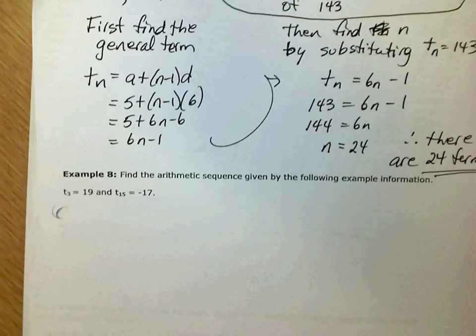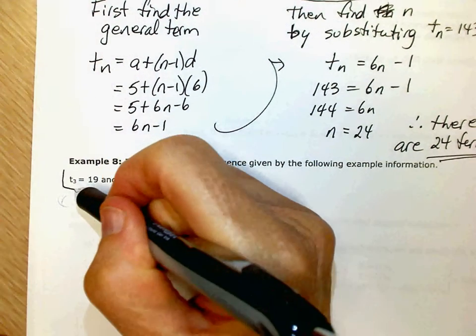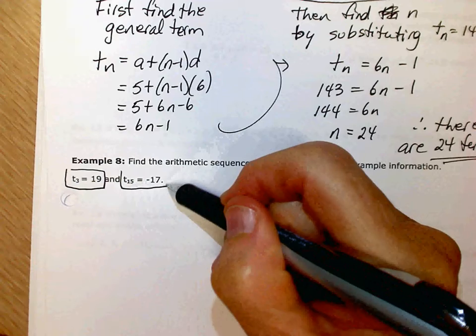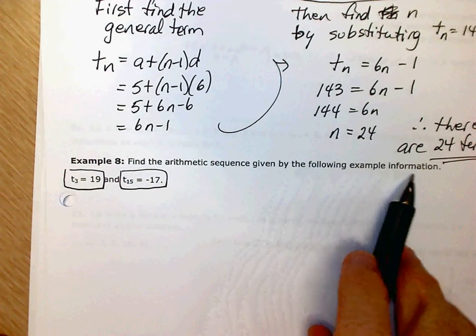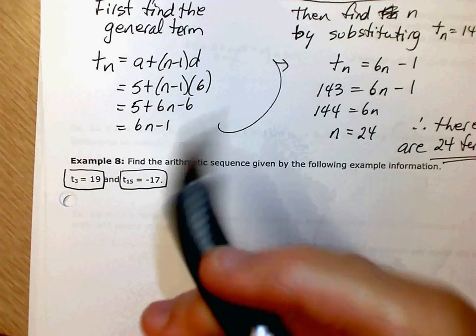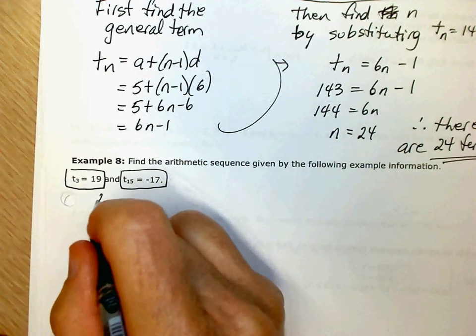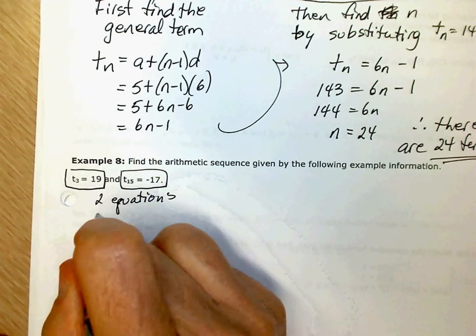Okay. Now, we are given information for 2 terms, right? And with this information, we have to find the arithmetic sequence. So we'll be able to come up with 2 equations with 2 unknowns.